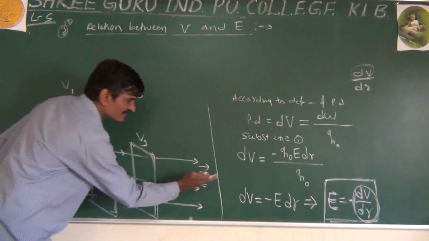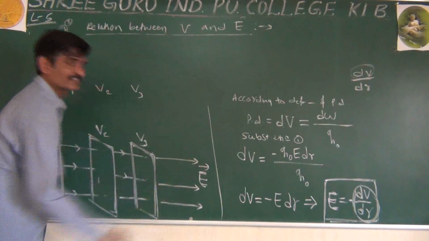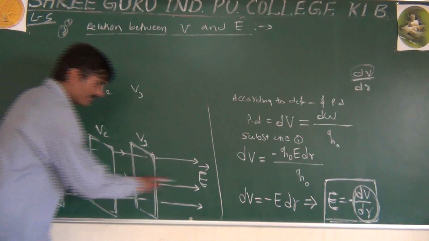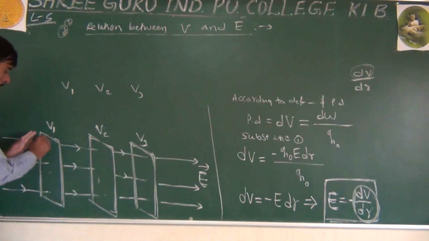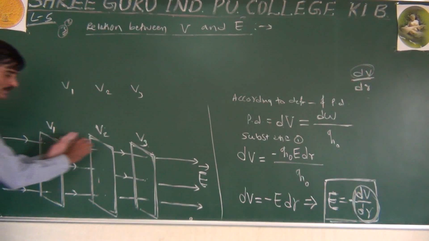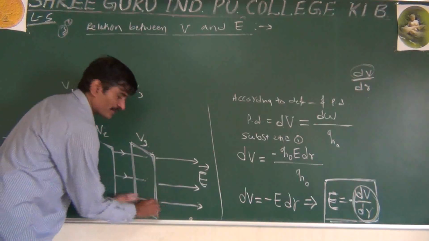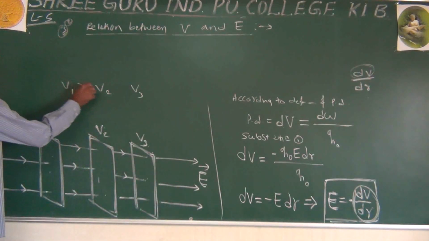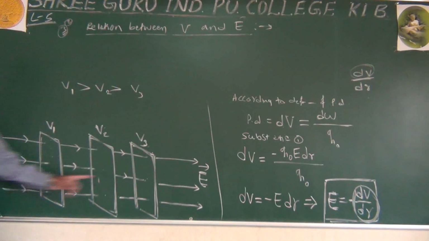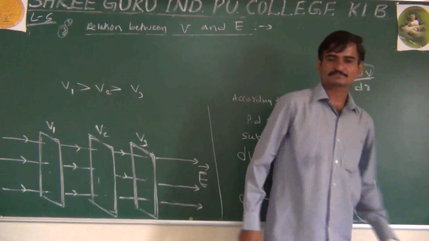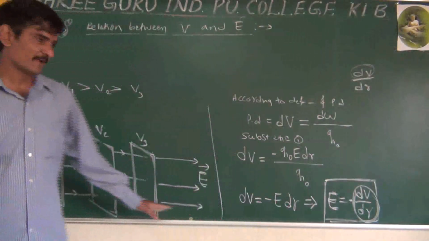That means in this direction electric potential is decreasing. Here potential is more. Here potential is less. Here potential is still less. That means V1 is larger than V2, and V2 is larger than V3. Understood? That is from this negative sign only. Simple.